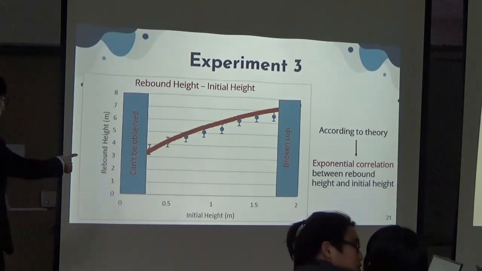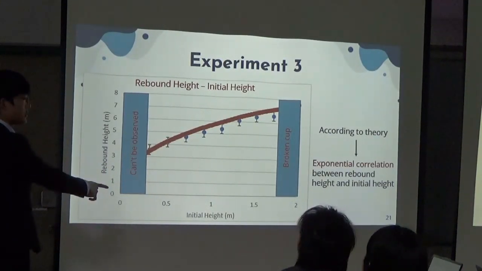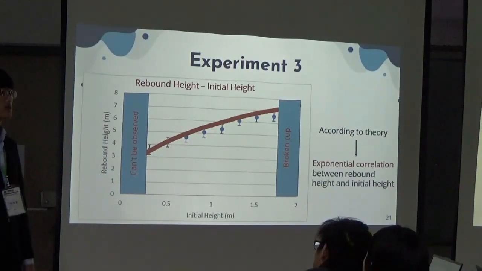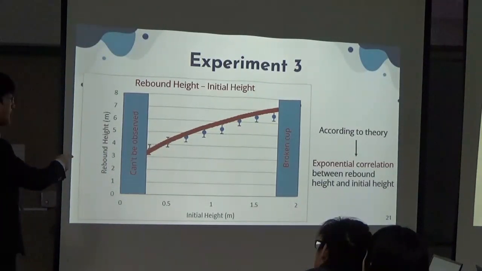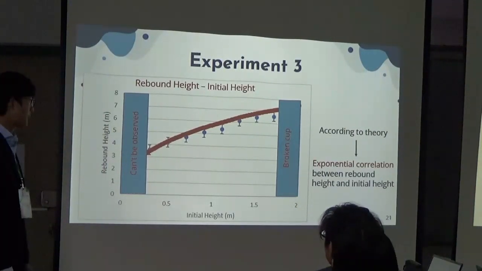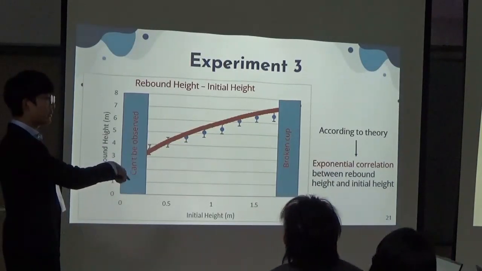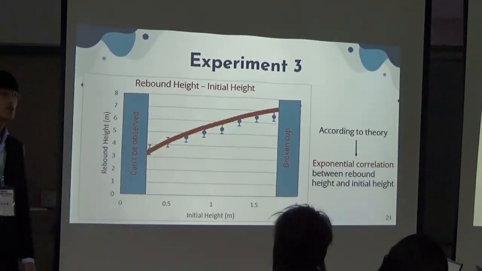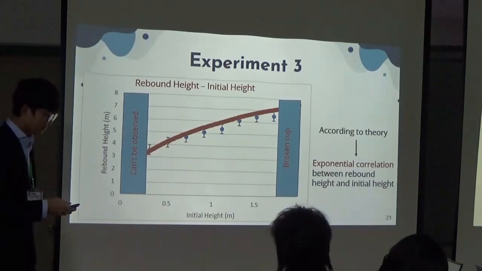For initial heights below 30 centimeters, the motion is too fast to be observed, so we can't get the accurate rebound height of the ball. And for heights bigger than 170 centimeters, the cup will break, so we can't observe that either.